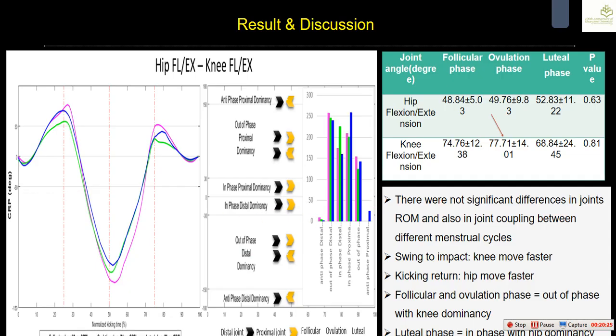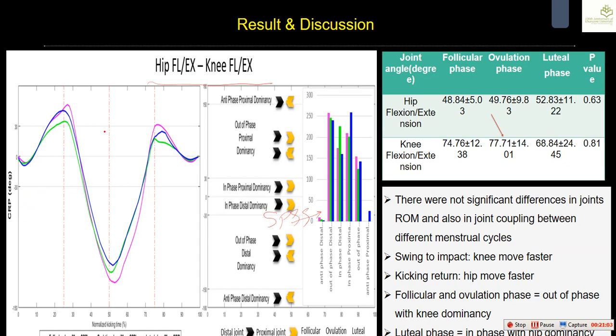In the results, you can see the pattern of CRP for hip flexion extension and knee flexion extension, and for each quadrant, we calculated the frequency of CRP, and we compared the CRP frequency between different menstrual cycles by SPSS software.